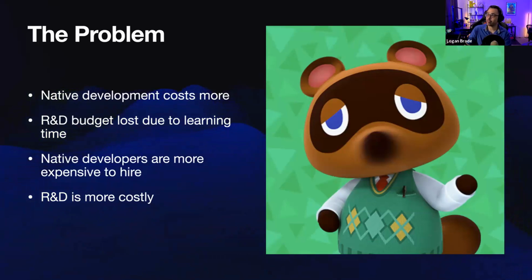But native developers were going for, at minimum, $150 an hour, and I'm sure today it's more than that. That skill set of being a native mobile developer is more expensive, and quite frankly, R&D is just more costly. You have to do it twice because of the differences between the platforms.